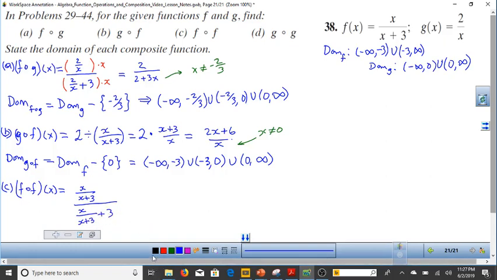We multiply the numerator and denominator by the common denominator, which is x plus 3, which I'll put in parentheses, of course. And what that will do is cancel the x plus 3 from the top, leaving just x. Cancel the x plus 3 from here, leaving just x, and then 3x plus 3. And so the bottom will work out to be x plus 3x plus 9, which is 4x plus 9.